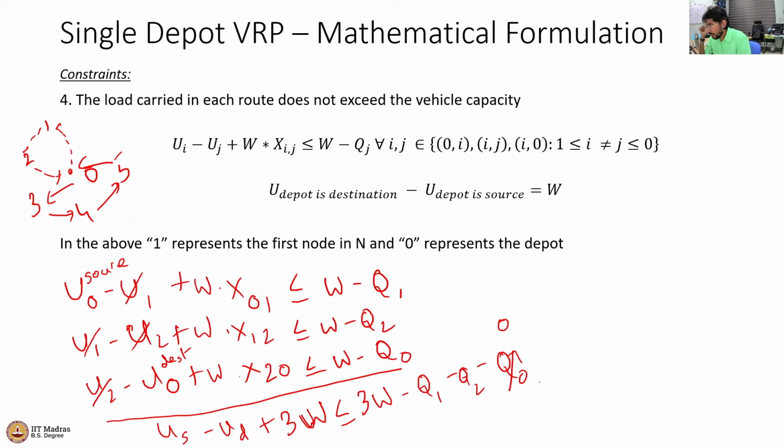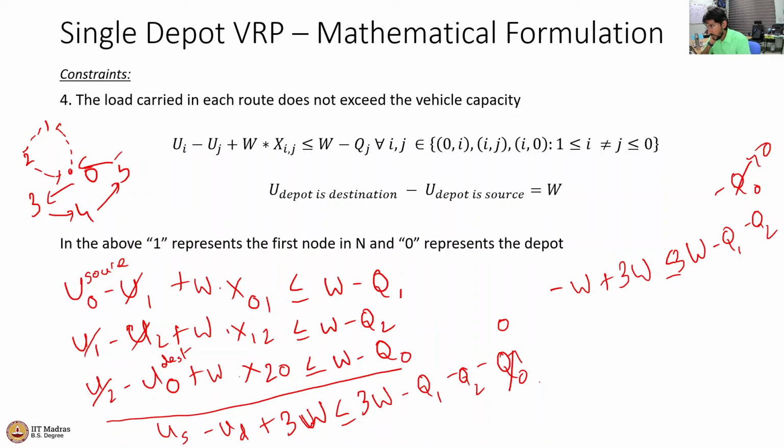And what do we have here? U depot as destination minus U depot as source is W. Here it is inverted, so minus W plus 3 times W must be less than or equal to 3 times W minus Q1 minus Q2 minus Q0, which is 0. That is what we have.